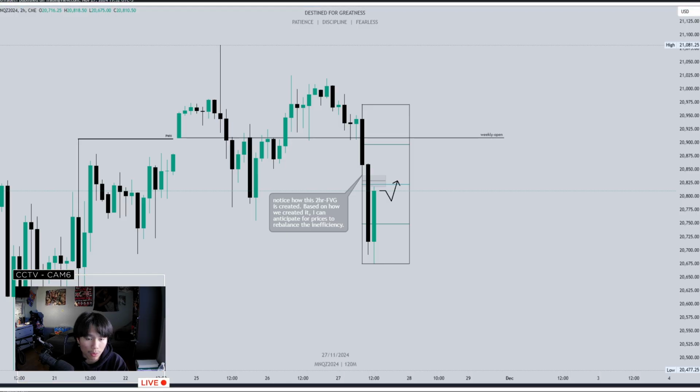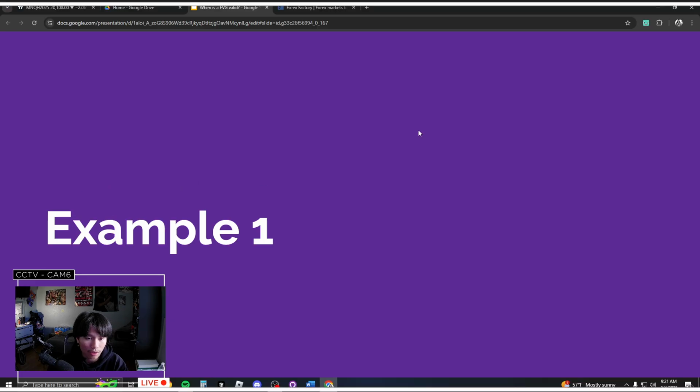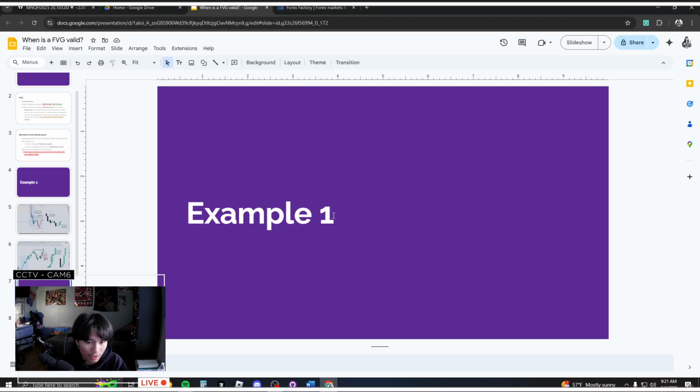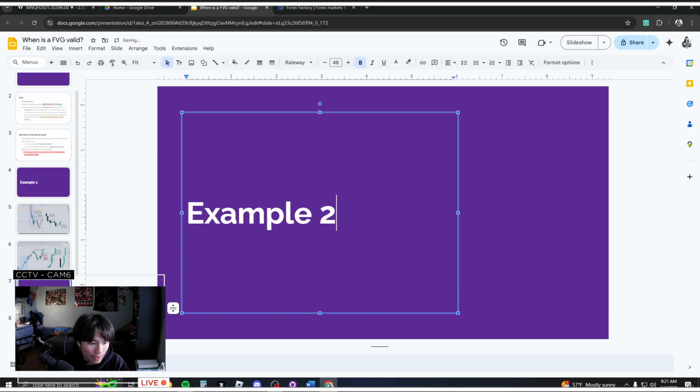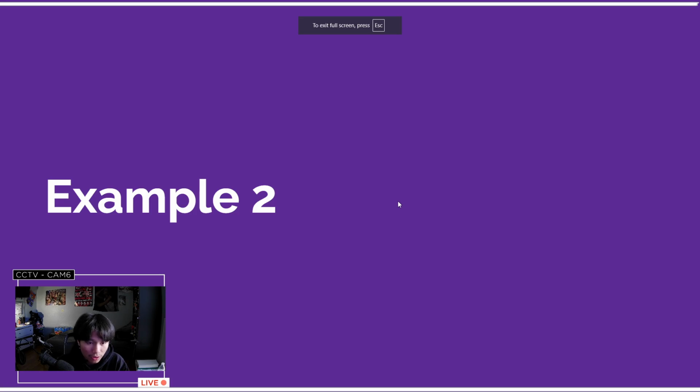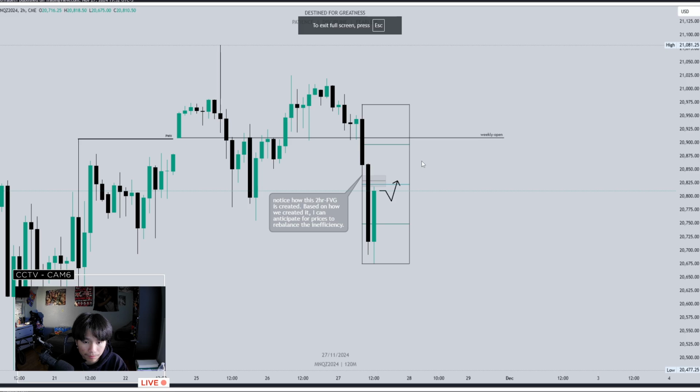And example 3, okay, they should be labeled example 2. So in example 2, we have a discount or an equilibrium model here, right? On the 2-hour time frame, my objective is for us to retrace back into the premium of this dealing range.